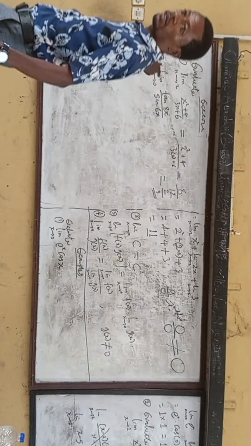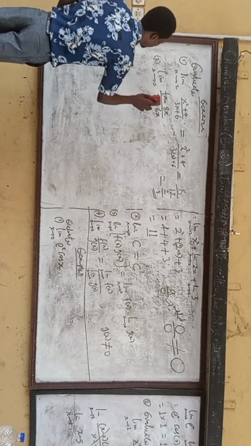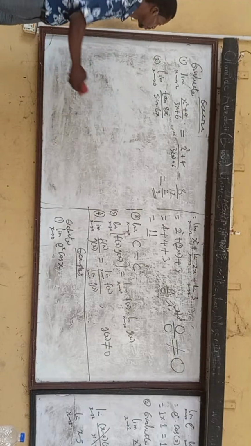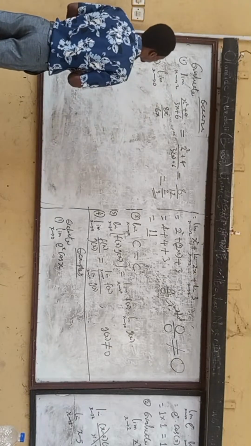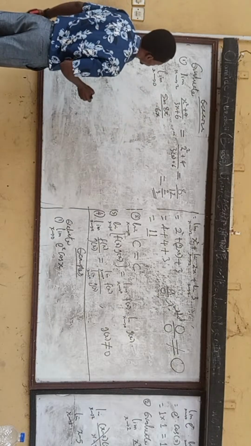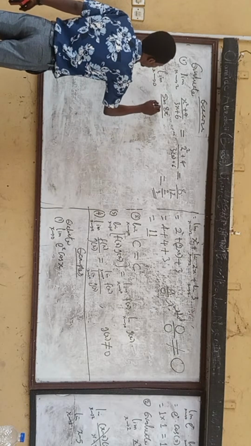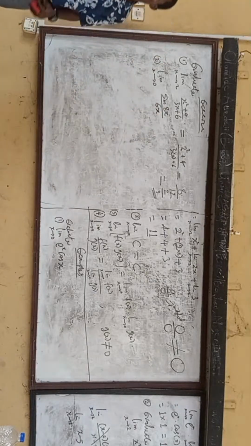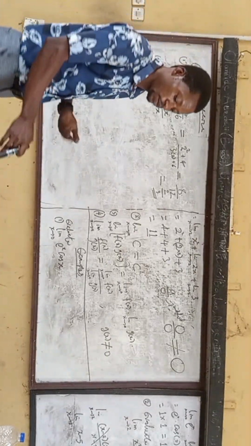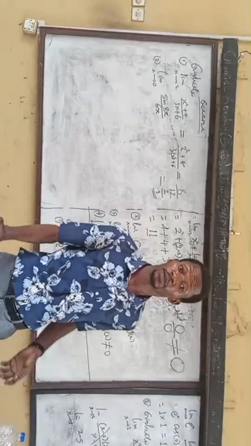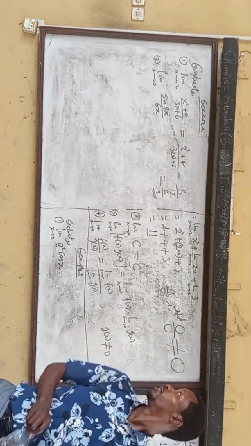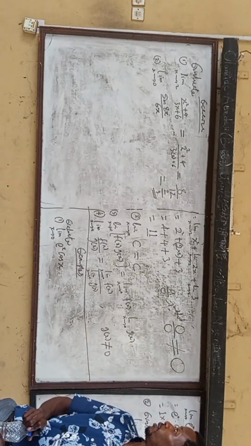Okay, take this one as homework. Let me change it. Assignment number 1: let me change it to sin 8x over x.